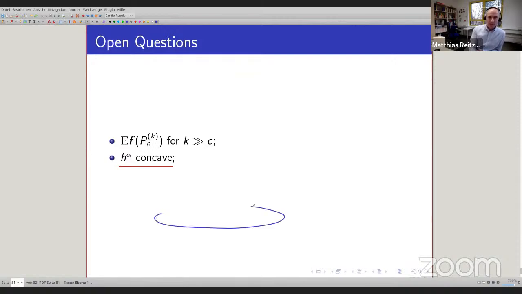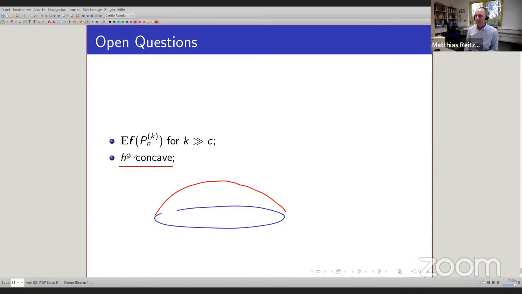You have your convex set K here, and then you have your function, and it would be surprising if the convex hull function looks like that. That would be very surprising. So one would expect that it looks somehow maybe concave, or maybe some power of it is concave. But this would be an interesting question. Can we say something quantitative about this function h?